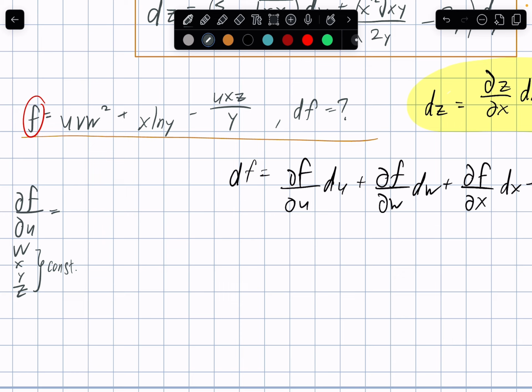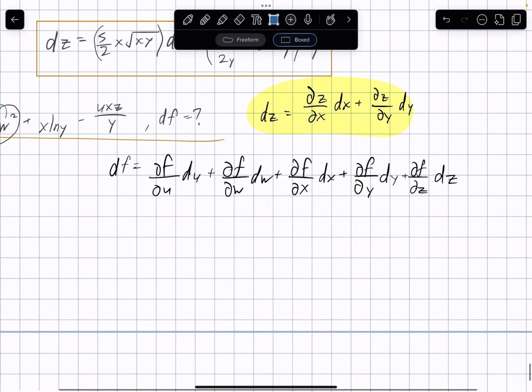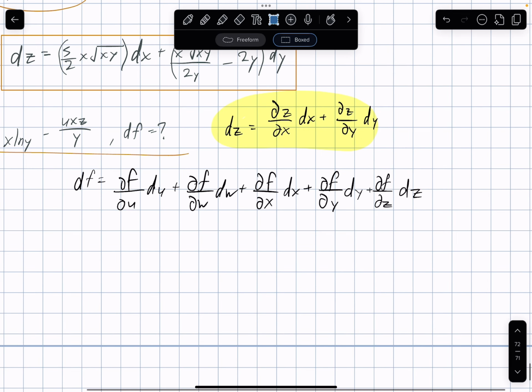So in that case, what are the constants here? W. What else? Wait a minute, we also have the variable v, right? We didn't write it in the formula. So we have t, u, v, w, x, y, and z.